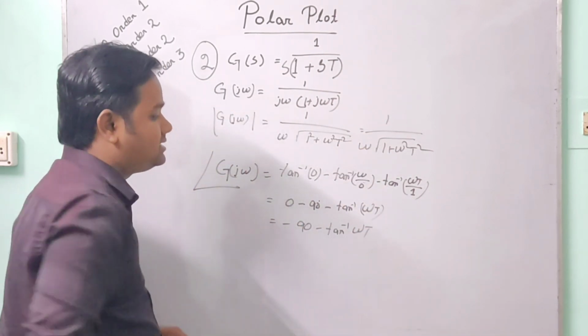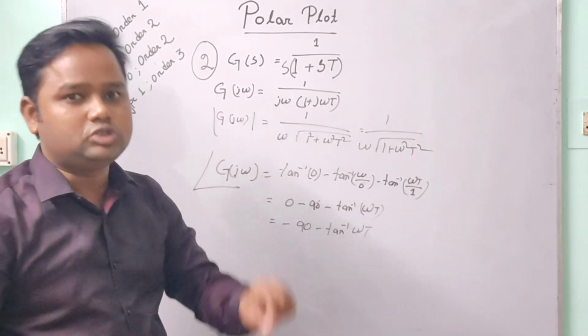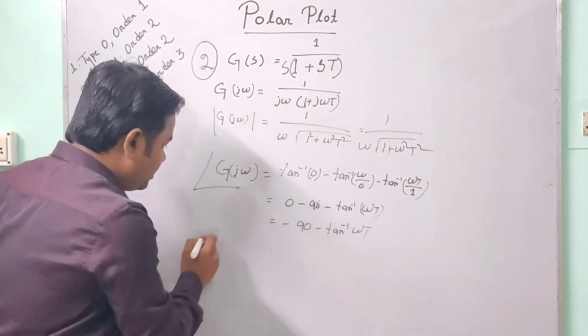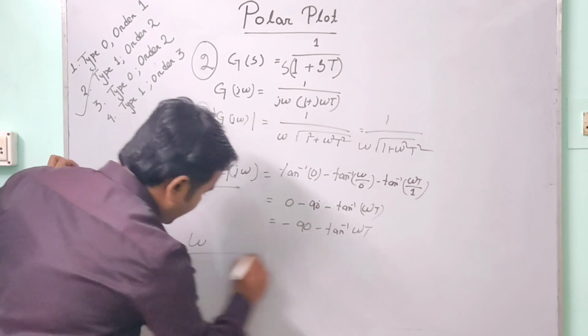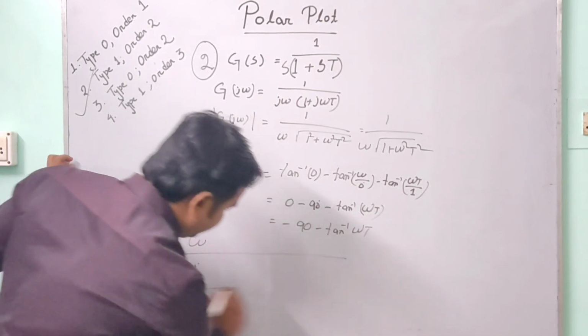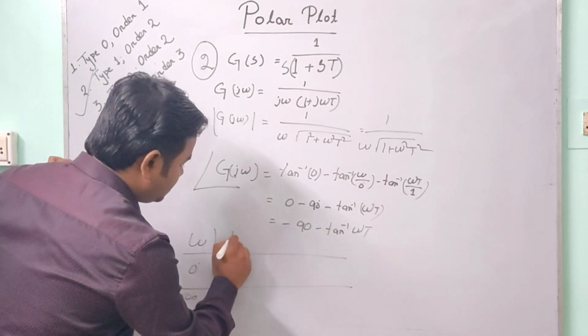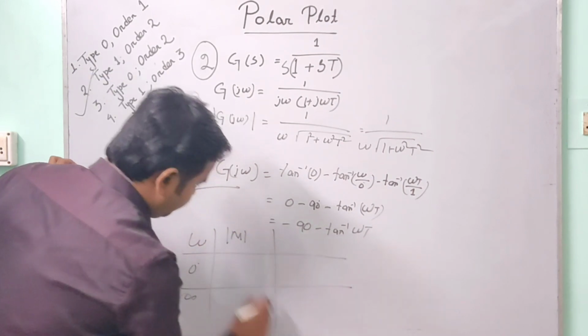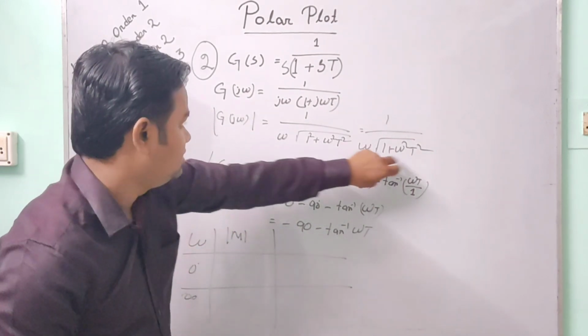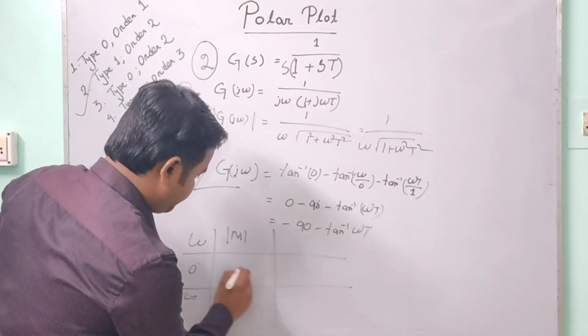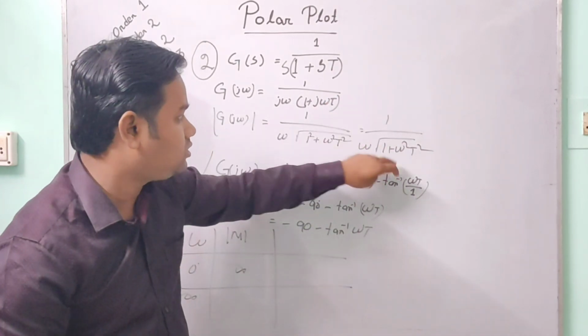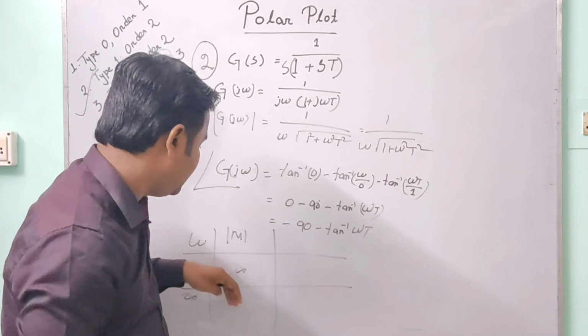In these two places we have to put omega equal to 0 and infinity. If you take omega value as 0 and infinity, we can get the magnitude. Here it will be infinite, because 1 by 0 into 0, so 1 by 0 is infinite.